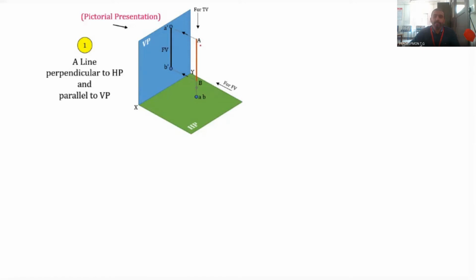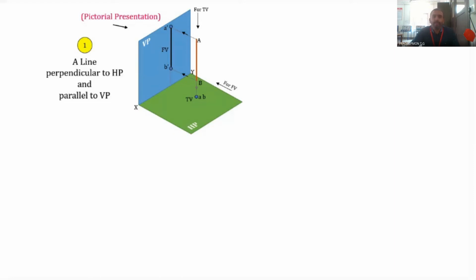If B was here, it should have been BA. Because we consider the point B to be invisible when we look from the top view. Because of point A, point B is not visible to us. That is why we give it as AB. Now, this is the top view.